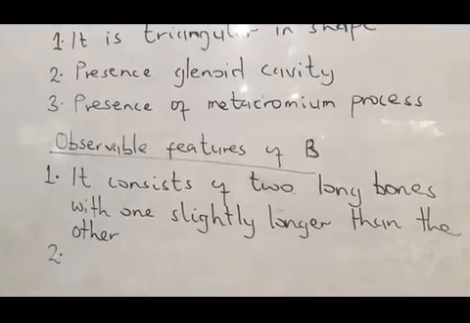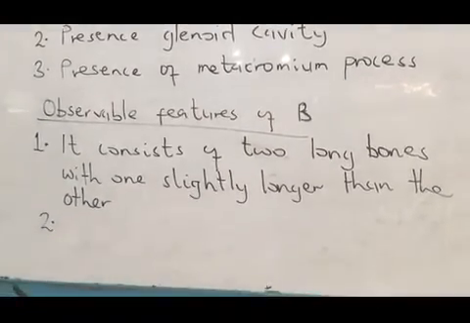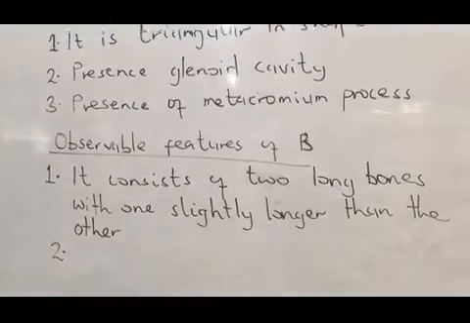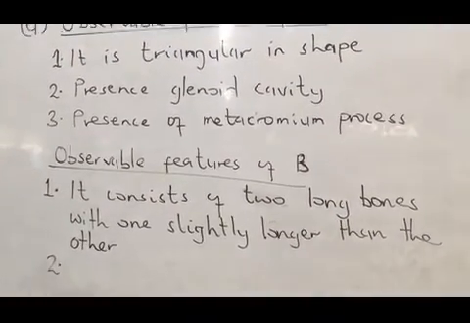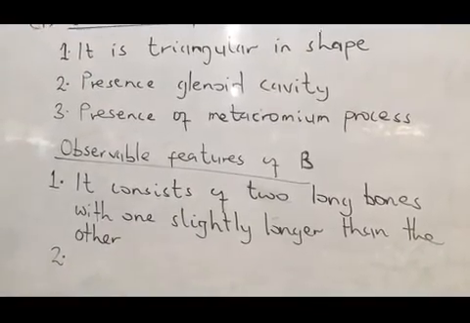I've explained that the one that is slightly longer is the ulna, and the one that is shorter is the radius. What else can you see?